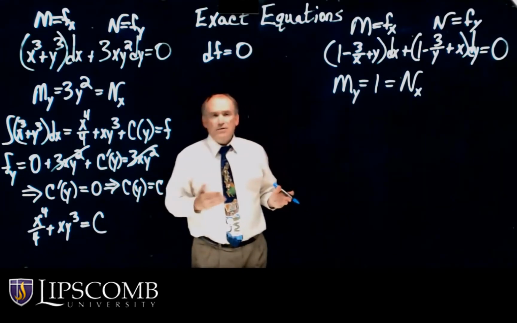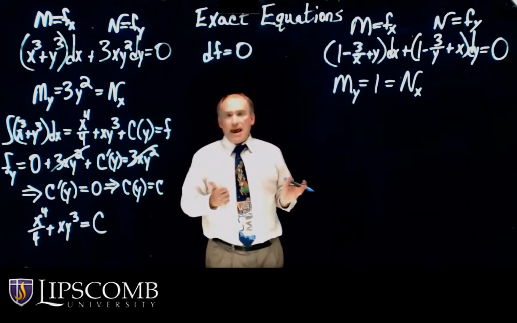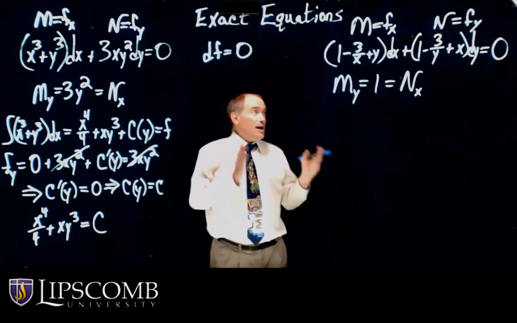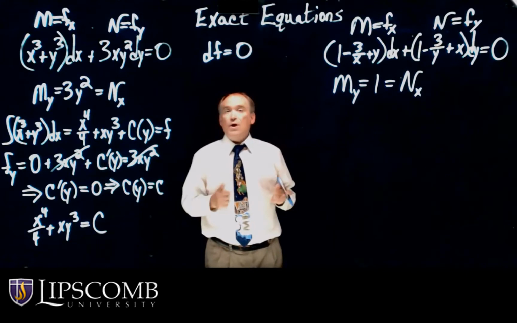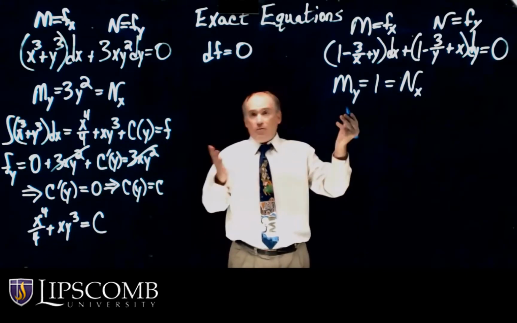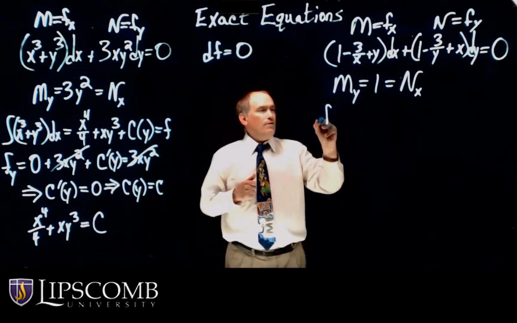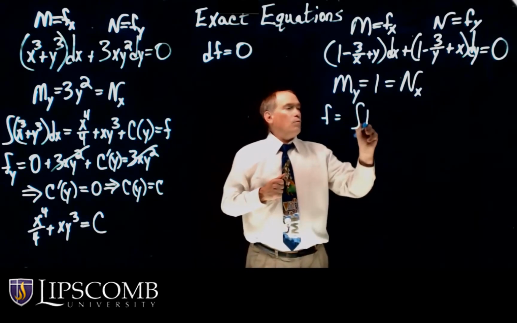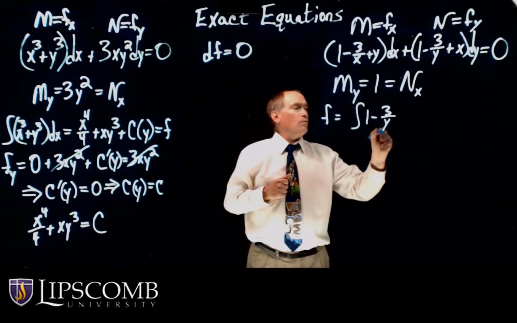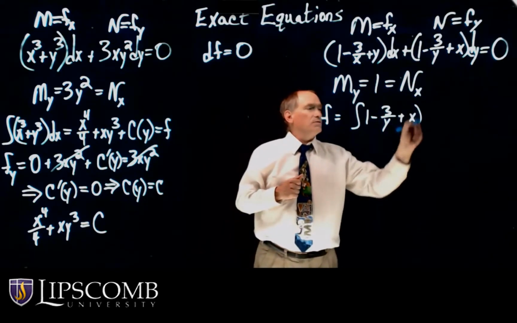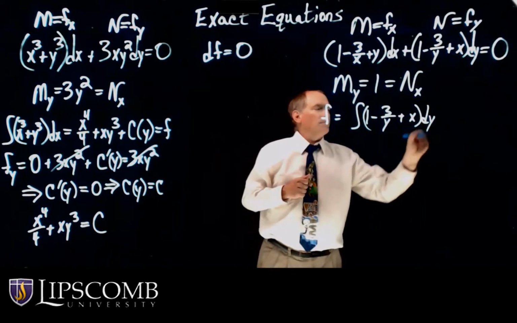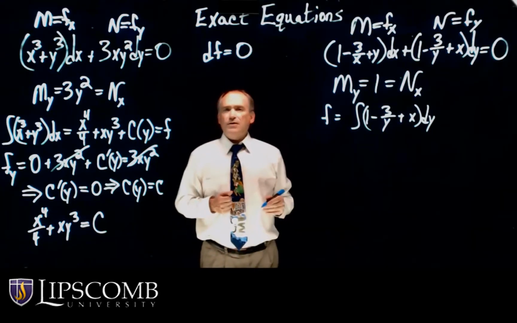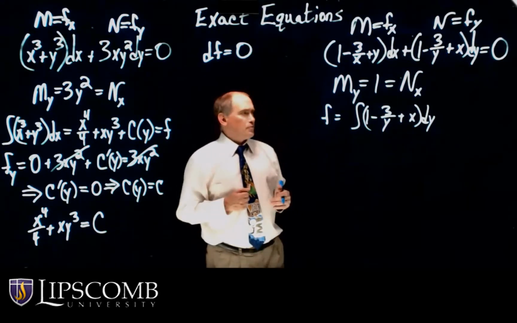Now, this time I'm going to choose N and integrate the partial of f with respect to y with respect to y. That way I get f. So f equals the integral of 1 minus 3 over (y plus x) dy. So I'm integrating with respect to y. I'm using calc 3.